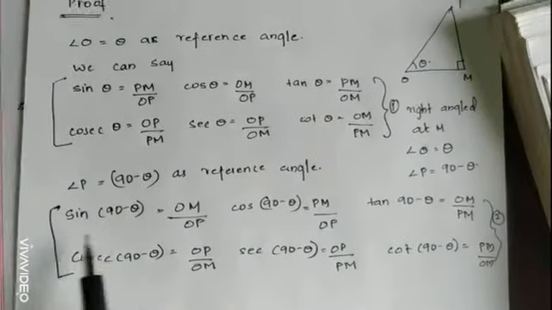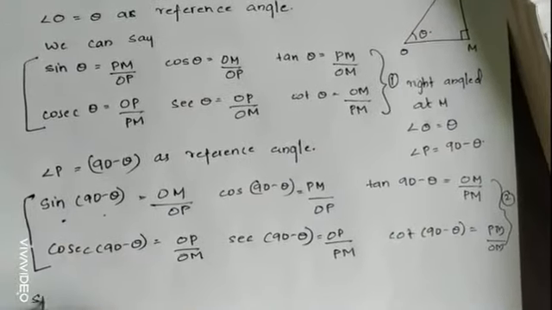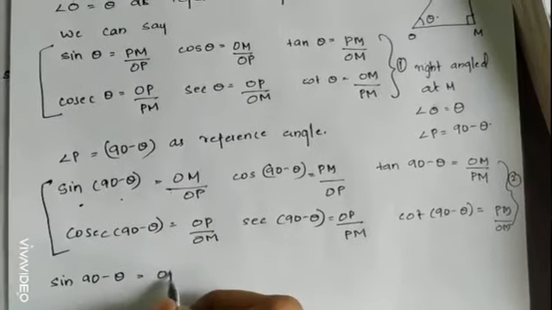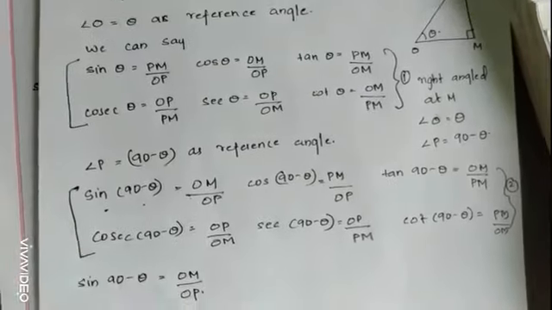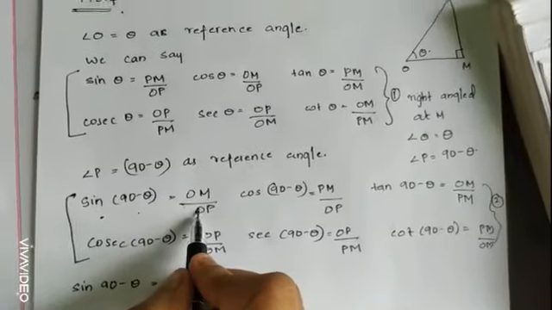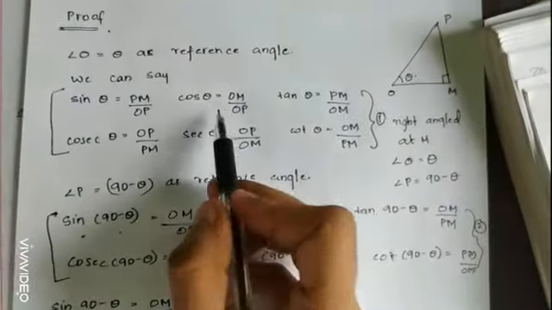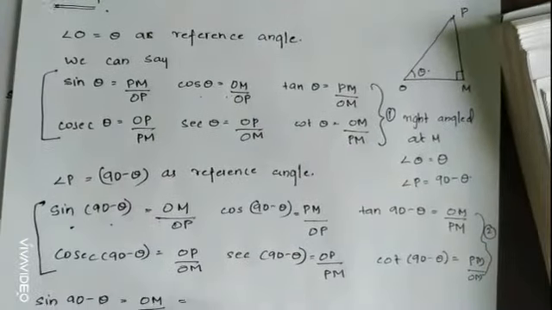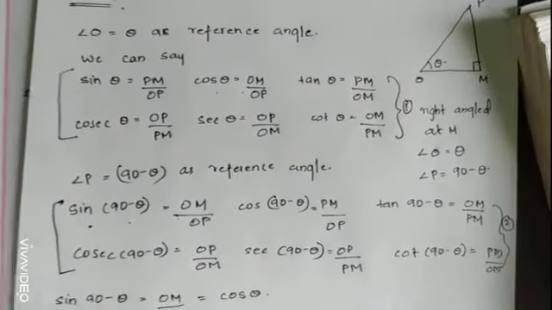That is, sine 90 minus theta is equal to OM by OP, and this OM by OP in the second set of equations is equal to cos theta in the first set of equations. Therefore, sine 90 minus theta is cos theta.